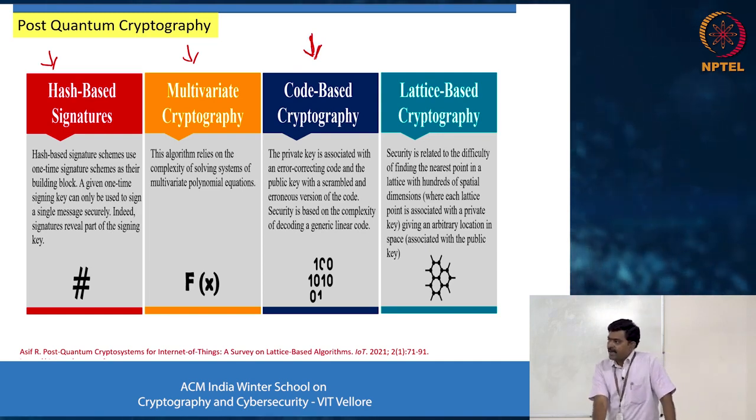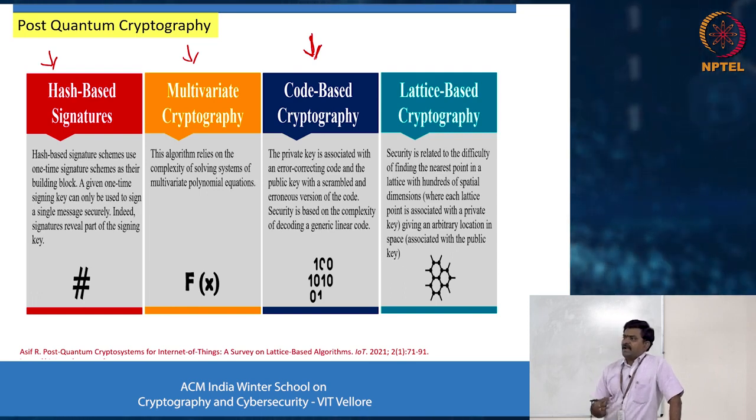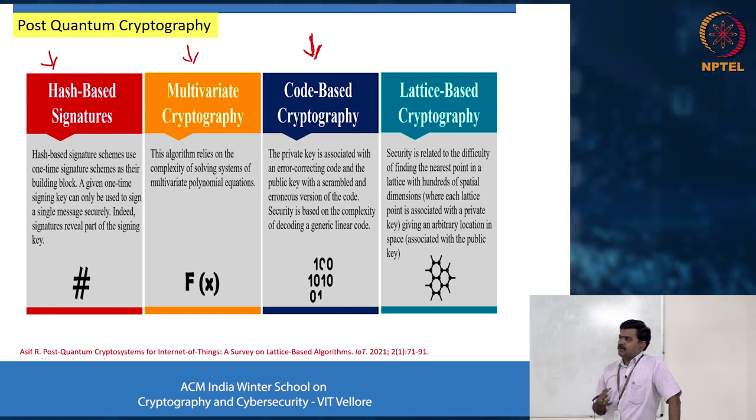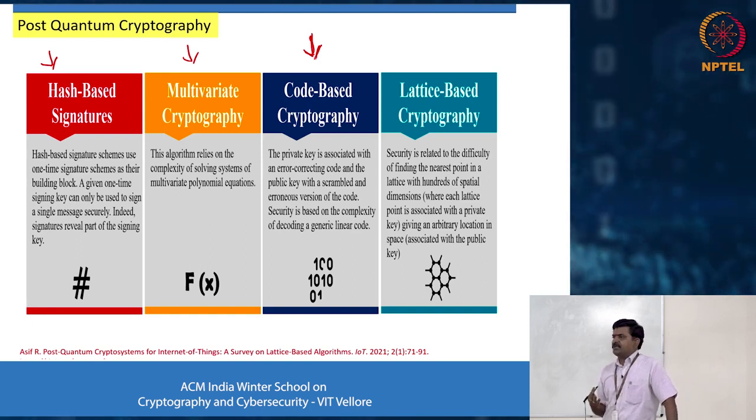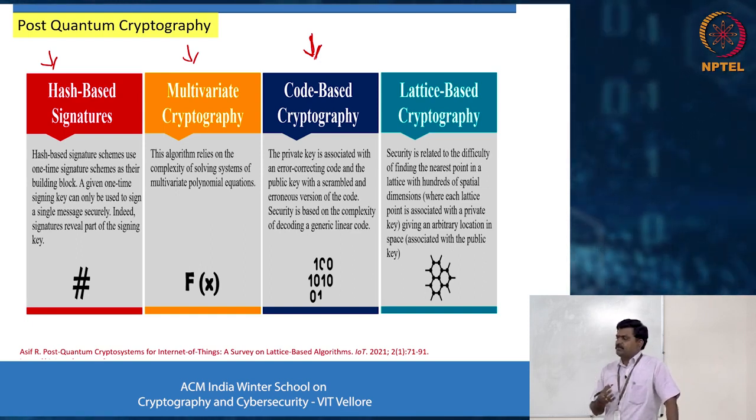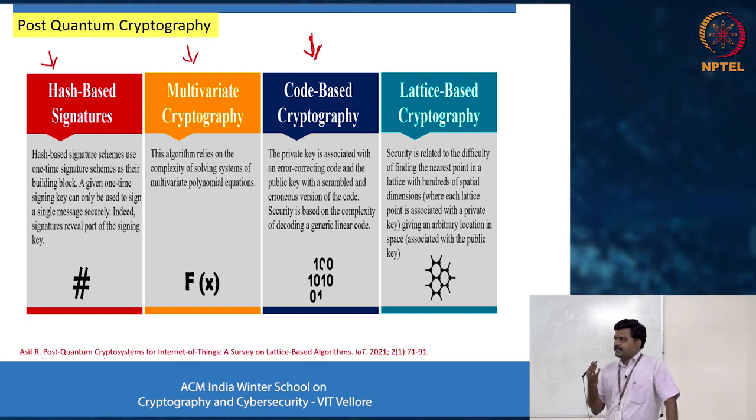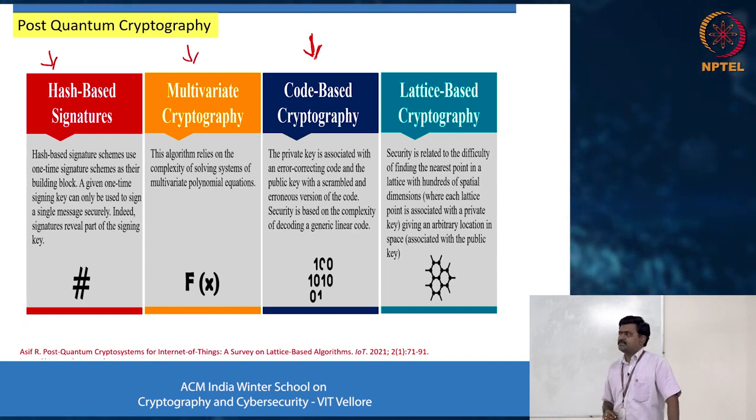Then you have lattice-based cryptography, which is taking the help of lattices. That means any objects, if you notice in the real world, form certain geometrical shapes. Inspired by the properties of geometric shapes, we have lattice-based cryptography.